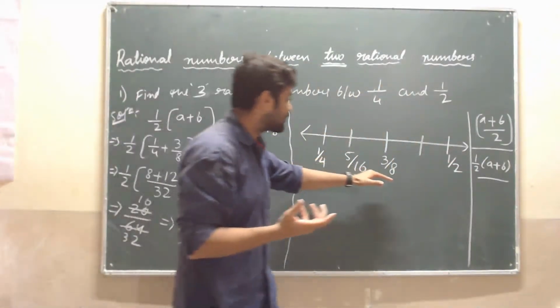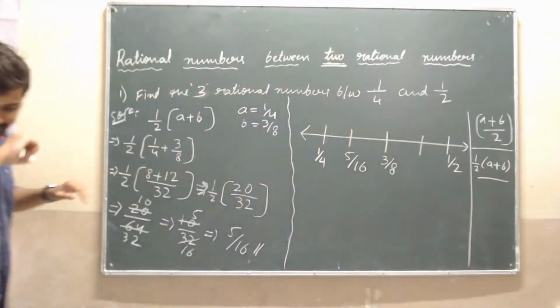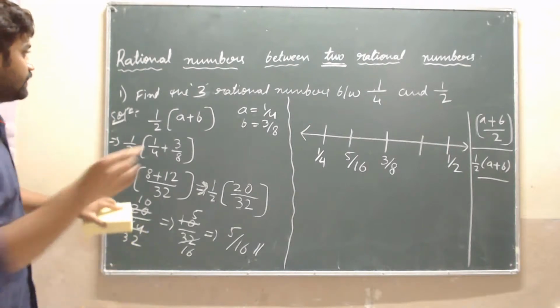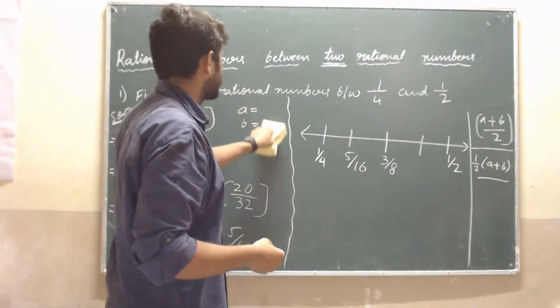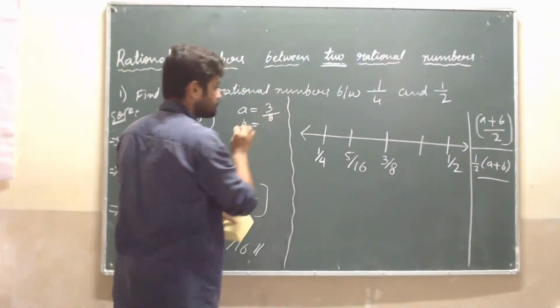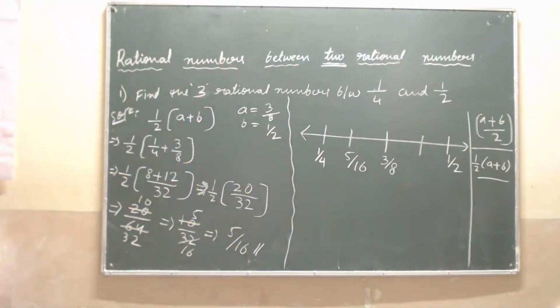But I will find it between 3 by 8 and 1 by 2 so that you will be clear about this. Here I will take A is equal to 3 by 8 and B is equal to 1 by 2.